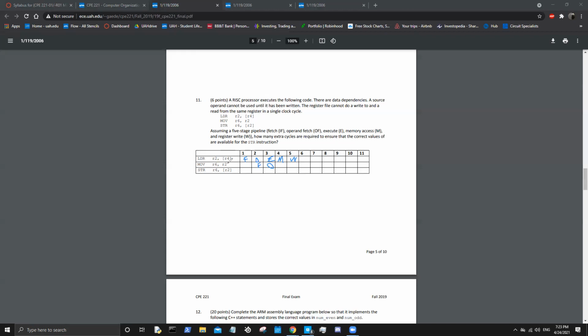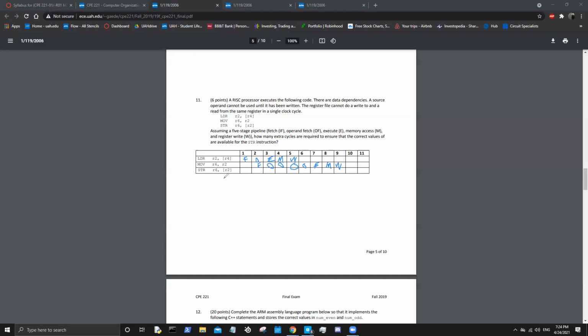The only way to copy the contents of R2 is to fetch it. The problem here is we need to write R2's value first. So we have to delay performing this move instruction until we're past this. So we do another O, and then another O, where we can finally execute, which is cool. And then we can do M and W.